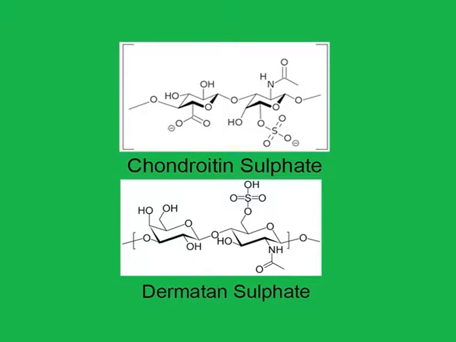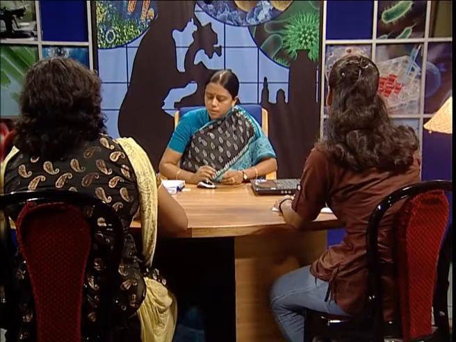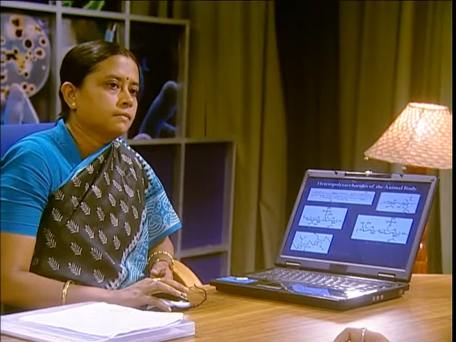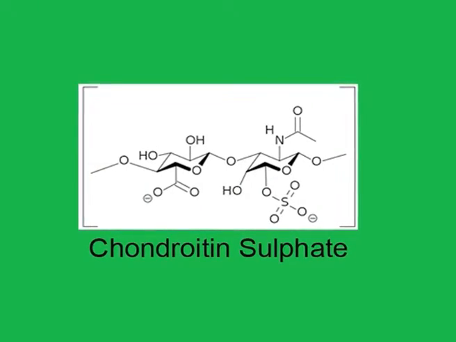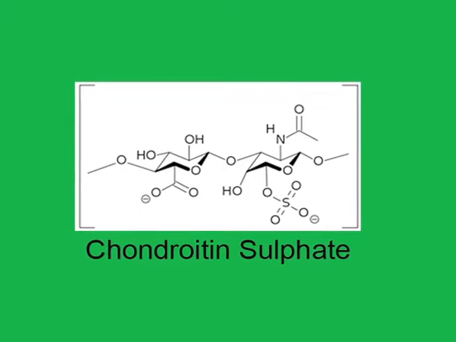Chondroitin sulfate is present in cartilage. The main components are beta D-glucuronate and N-acetyl galactosamine. This N-acetyl galactosamine can be sulfated, and the position of the sulfate makes the naming different. That means chondroitin 4-sulfate or chondroitin 6-sulfate, because the carbon 4 group has been sulfated, and in 6-sulfate, the carbon 6 group has been sulfated.